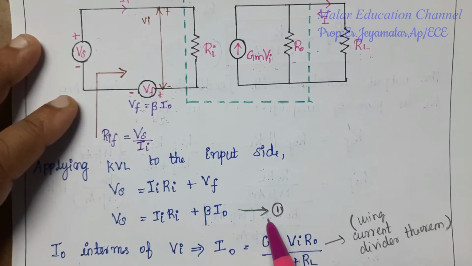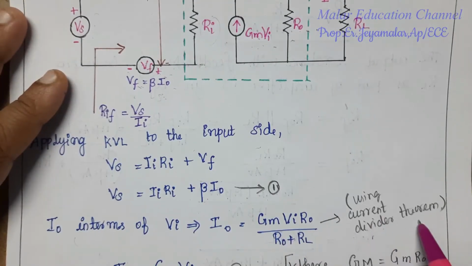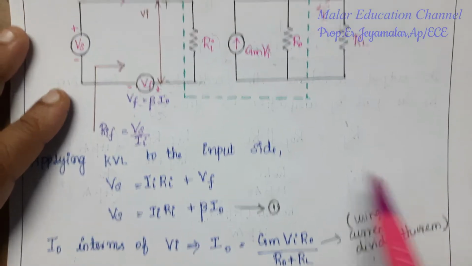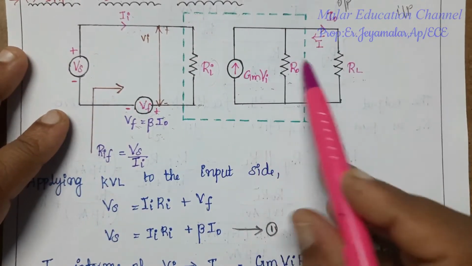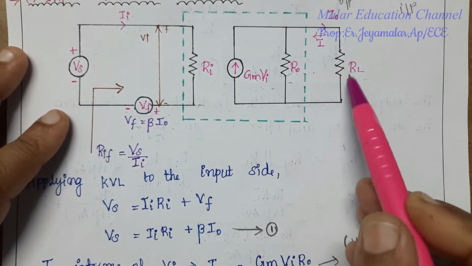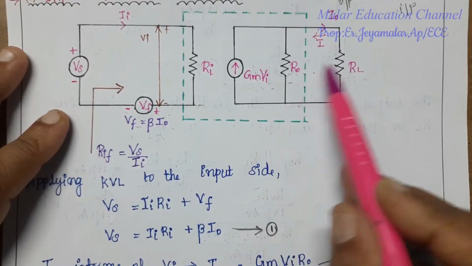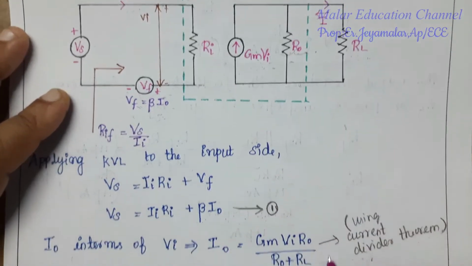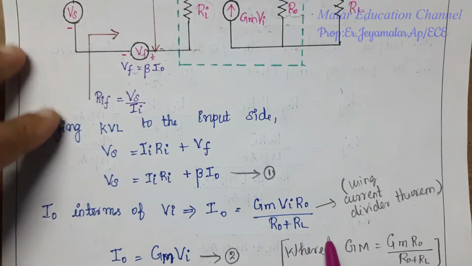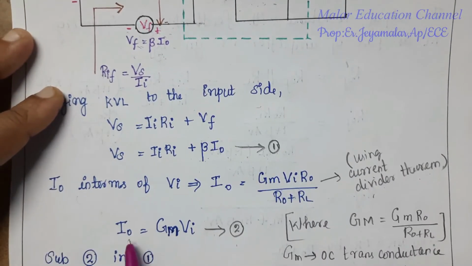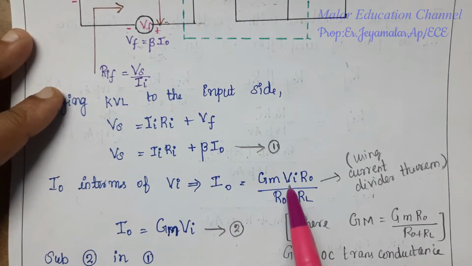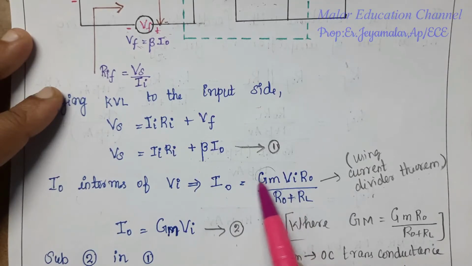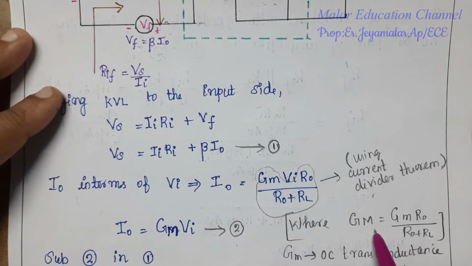Next step, apply the current divider rule: I0 equal to Gm into Vi R0 divided by R0 plus RL. Take the whole term as capital Gm.